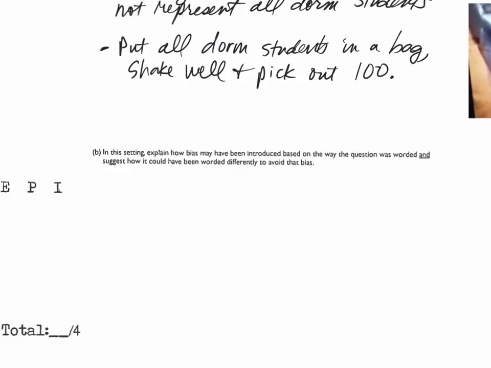Moving down here. What is wrong with the way the question was worded? What's bad about it? The first and the third parts of the question. Very good. You did not have to list both of them, but one or the other.